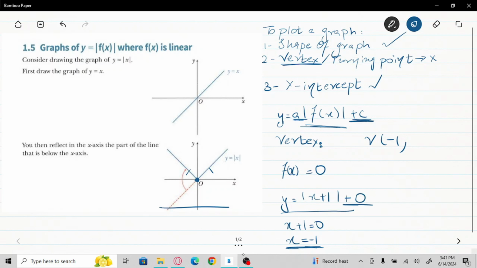So we say the y value of the vertex point is 0. So the vertex is -1 and 0. Simple. I know it may sound a bit confusing right now, but as we solve these questions, it's going to be much easier. So on to question number 1.